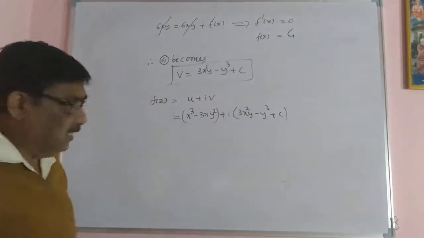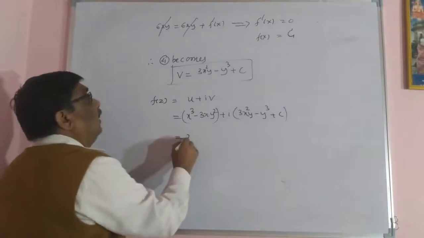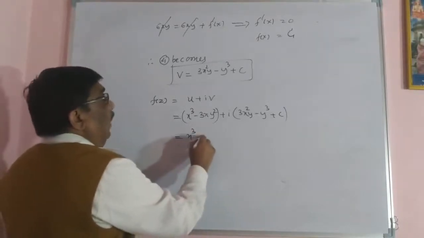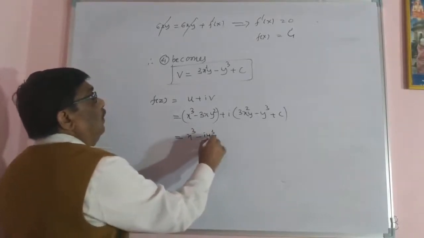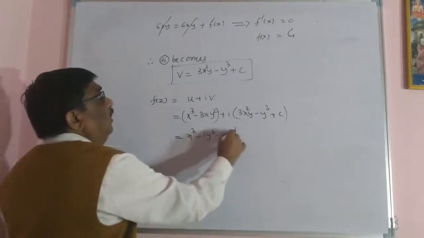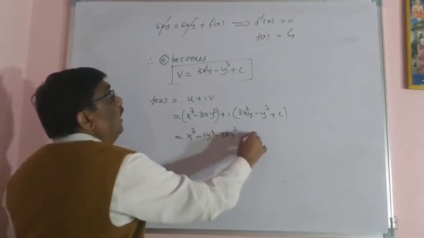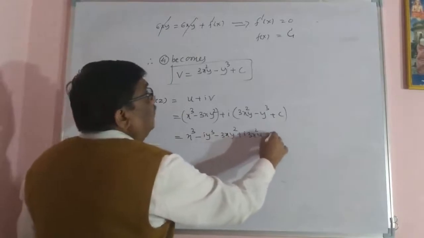Let us rearrange the terms. It is x³ minus iy³ minus 3xy² plus i3x²y plus i times c.